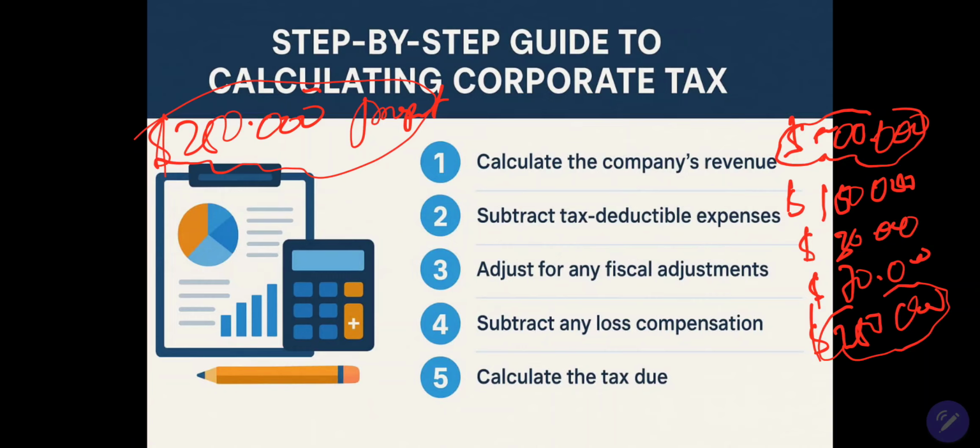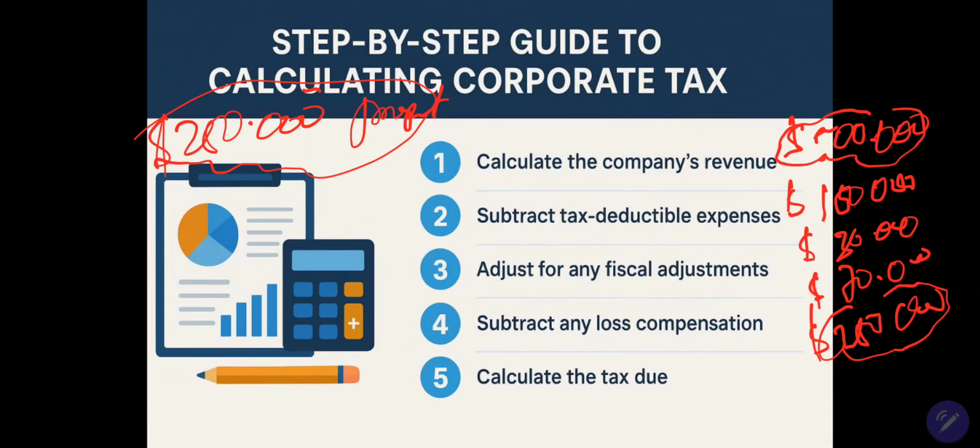Next, go to number 3, adjust for any fiscal adjustment. Fiscal adjustment is the process of reconciling commercial accounting profit with taxable income according to tax regulation.